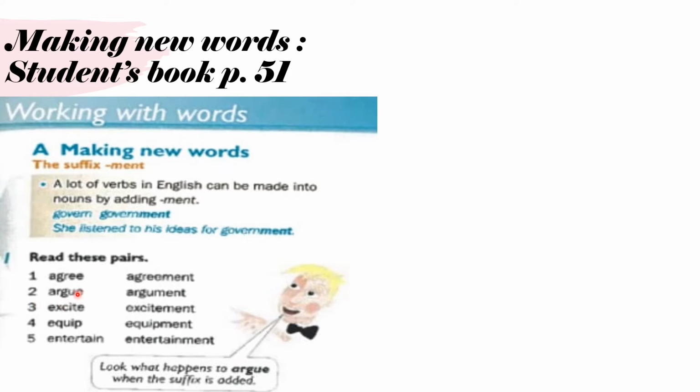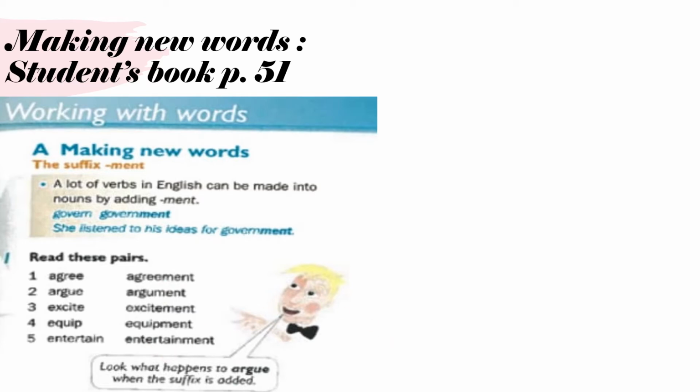Argue ends with the letter E. If we want to add the suffix ment at the end of the word, we have to delete the letter E, then add the suffix. So these are the verbs, and we changed them into nouns by adding the suffix ment. So these are the nouns.